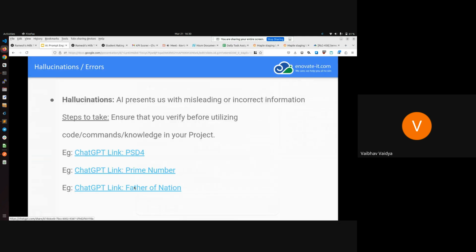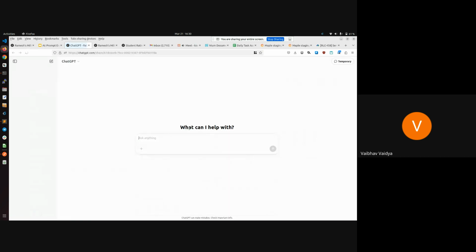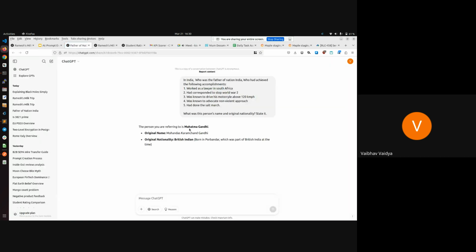Third example would be a little bit religious. I slipped in one lie among five statements. In India, who is the father of the nation? Someone who worked in Africa, was a correspondent, stopped World War II. Number three is my lie, which is that he was known to drive his motorcycle above 120 kmph. Fourth and fifth are true statements.